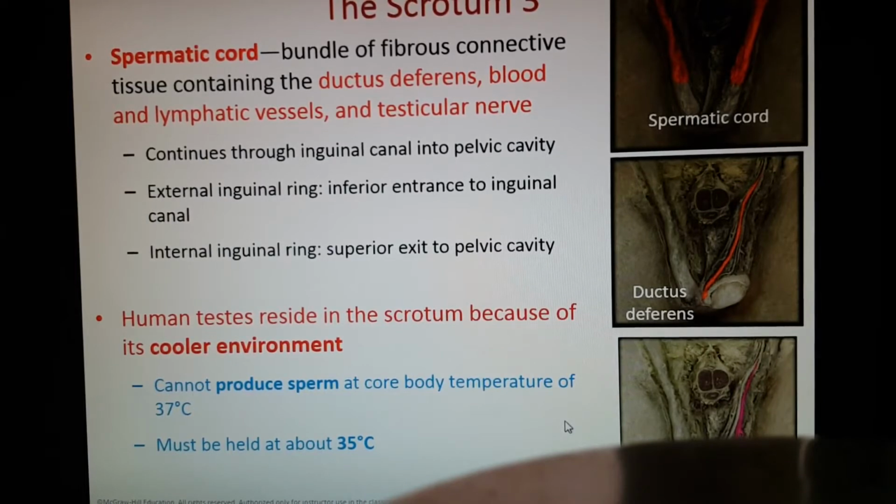For sperm to be produced, it needs to happen at around 35 degrees Celsius, so a little bit cooler than body temperature. So hanging out away from the body helps to keep the testes cooler. That's why the testes reside there, not because it's near the penis or anything. It's just because it allows for temperature control to be able to produce sperm.